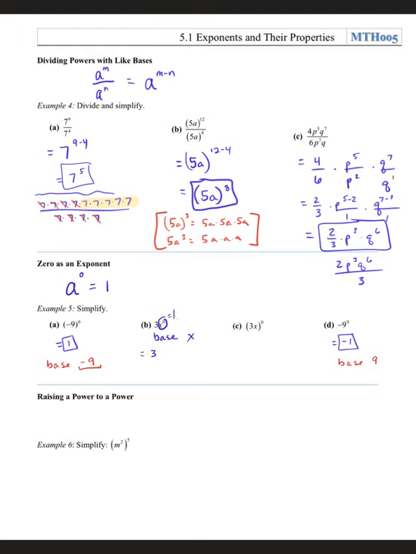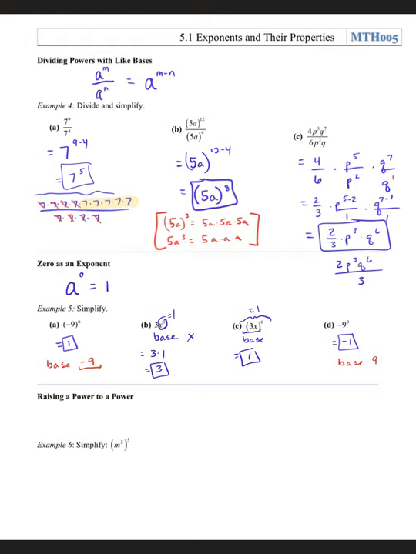Therefore, we have 3 times 1, which is just going to be equal to 3. Now for letter C, since we have parentheses, that whole thing is going to be the base. So that whole base raised to the 0 power is equal to just the 1 there. So that's what you want to look for, is what is the base of the 0 power? Whatever the base to the 0 power, that's equal to 1.